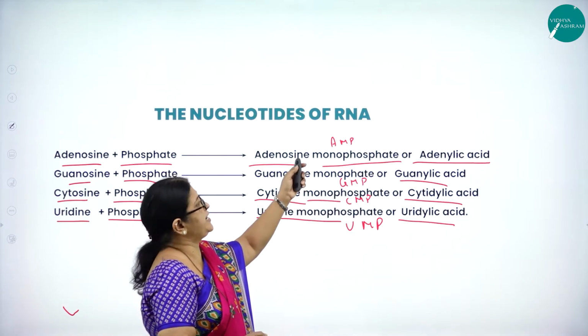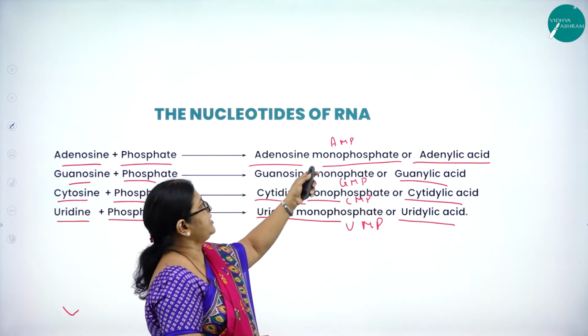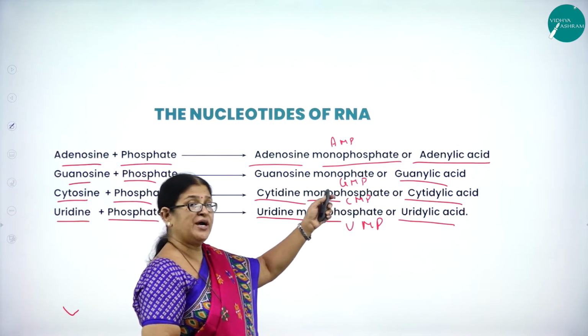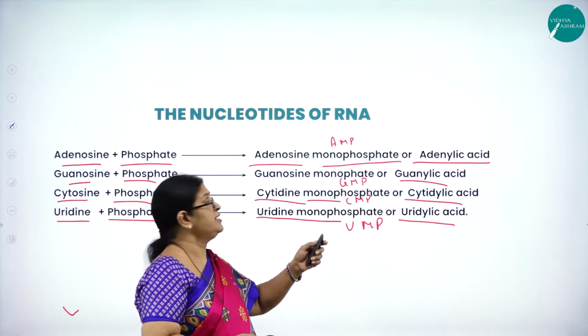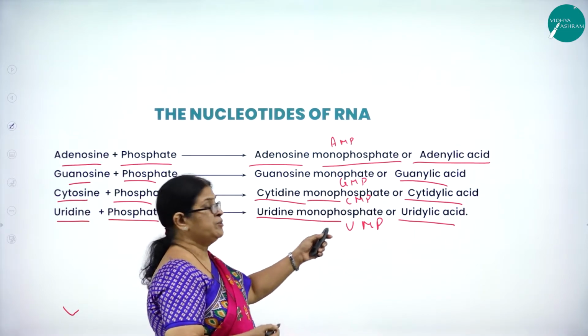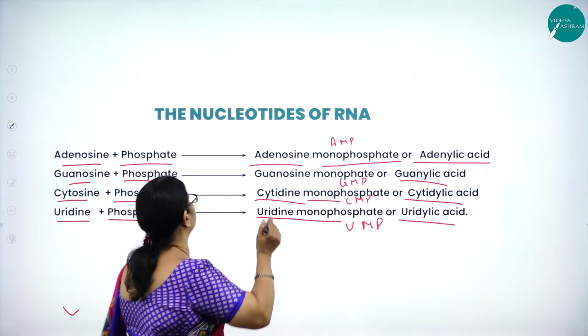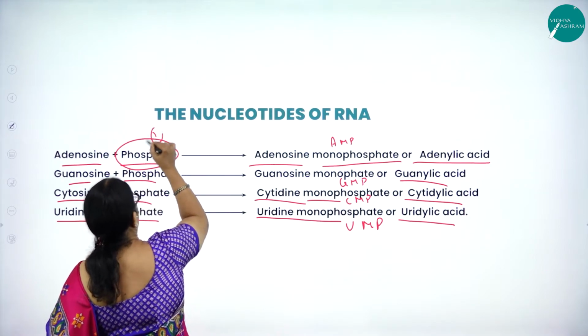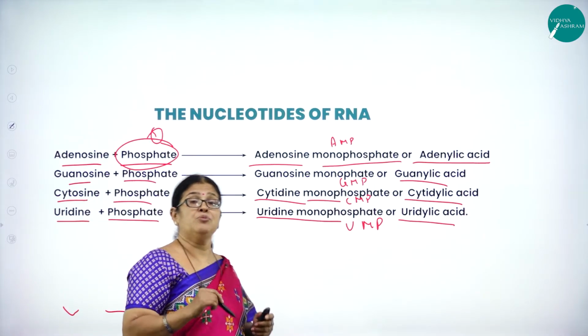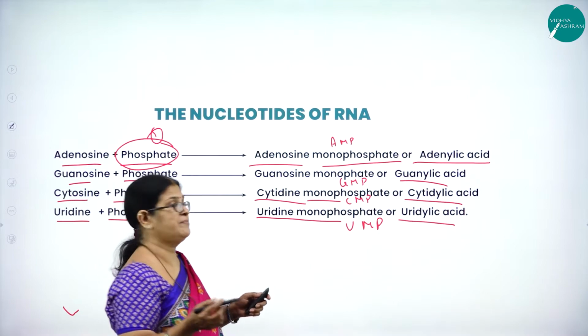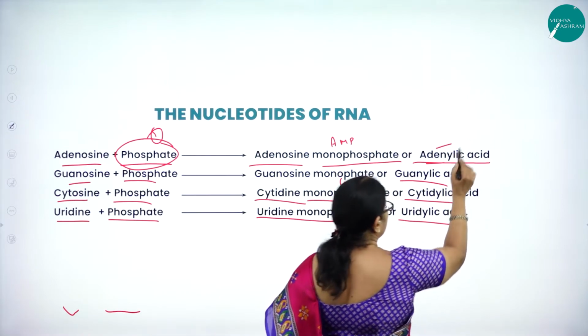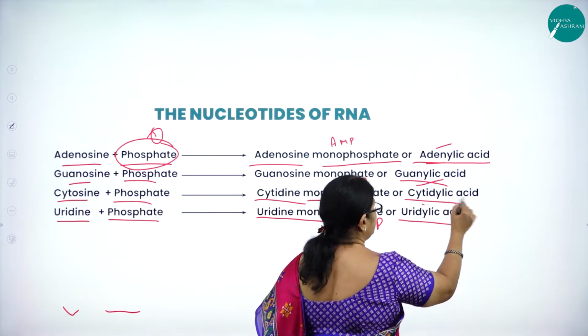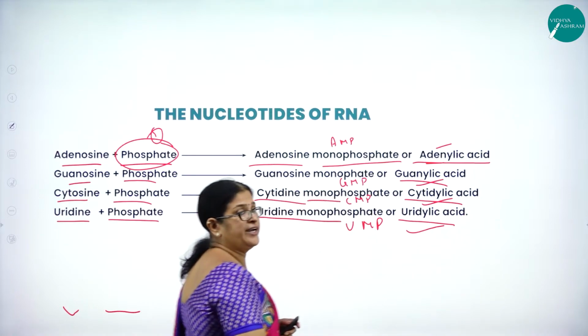Short form you can write it as AMP, GMP, CMP. Monophosphate means what? One phosphate group is added, hence the name monophosphate. Or the other names are adenylic acid, guanylate acid, cytidilic acid and uridilic acid.